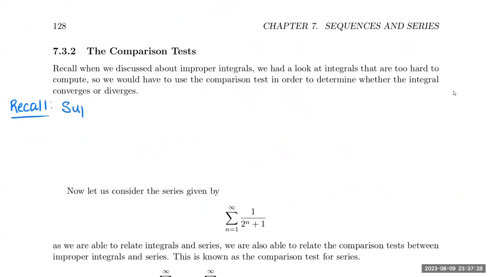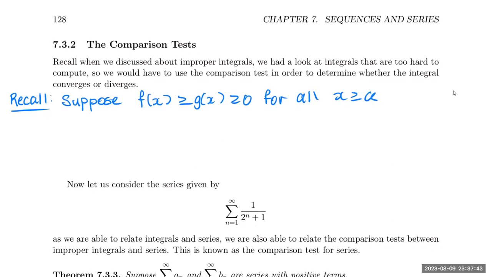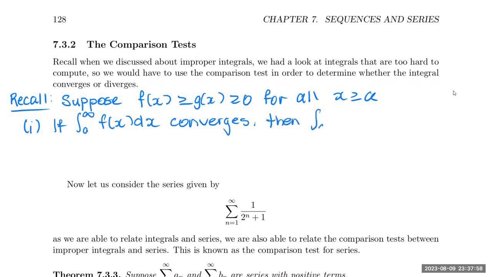So recall, suppose that f of x is larger than g of x and is larger than 0 for all x greater than or equal to a. Then 1, if this integral from a to infinity of f of x converges, then the integral from a to infinity of g of x dx converges.